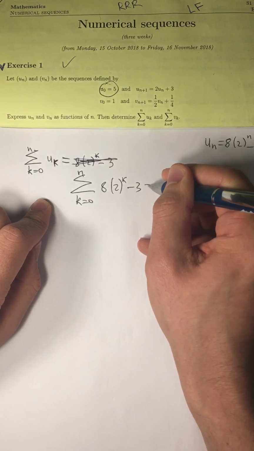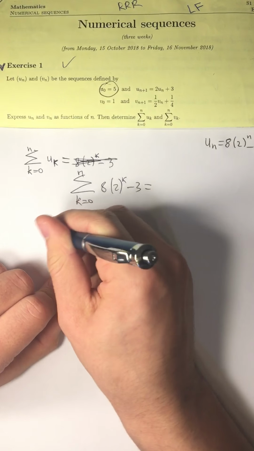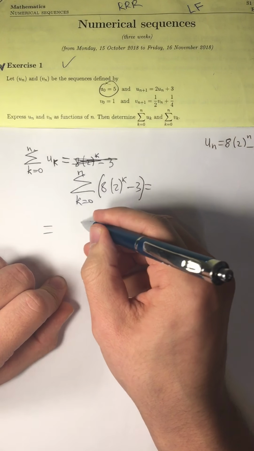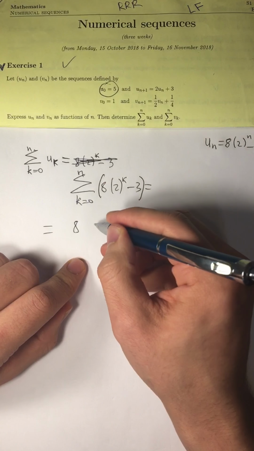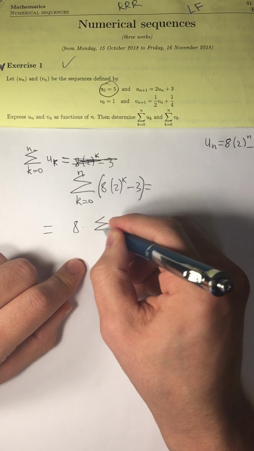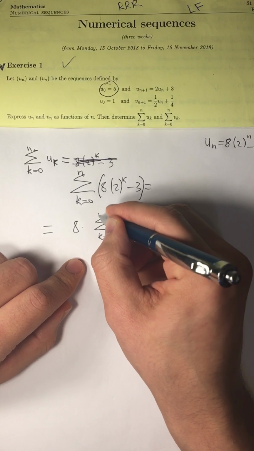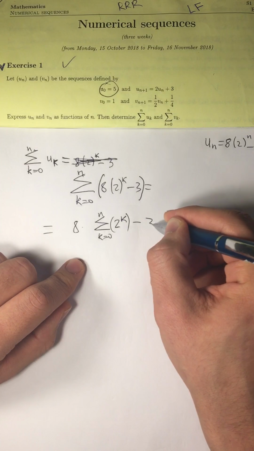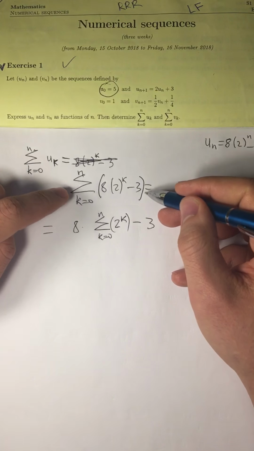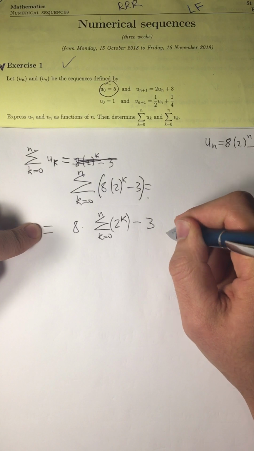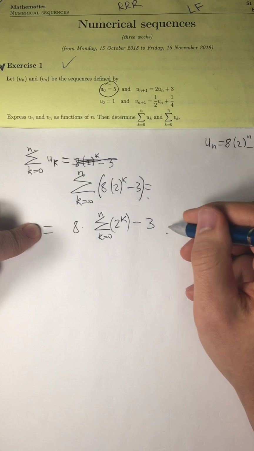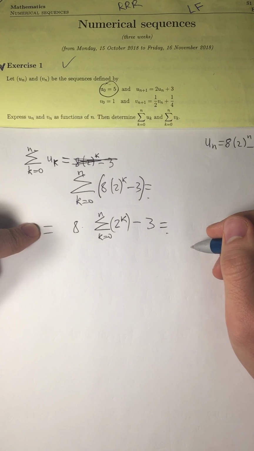From here, the 8 can go out of the sigma notation, the sum, like this, minus 3. I'm not going to explain this because this is basic. You can watch any other video on YouTube if you want to know this specifically.